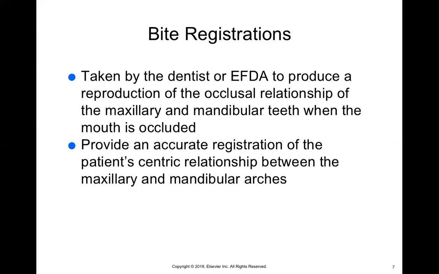We have to make sure that they're the same height as all the other teeth the patient has in their mouth, right? If we don't see the relationship between the two arches, you run into creating something that's too high or too low, where the patient won't be able to bite down normally, okay?